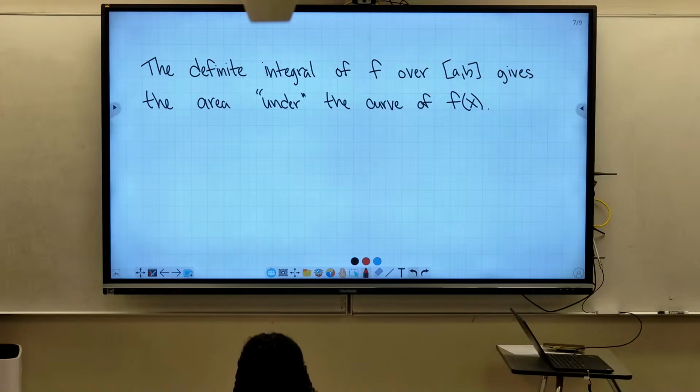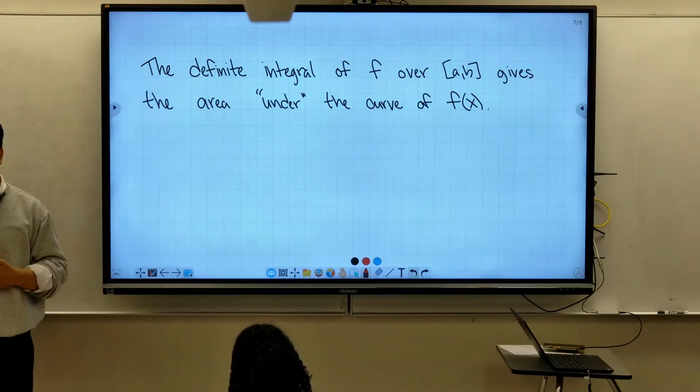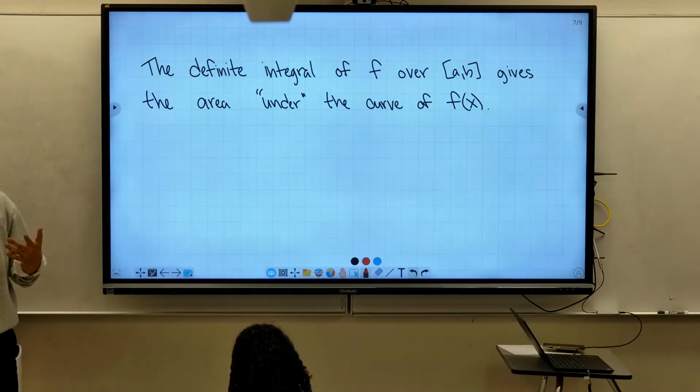I say quote unquote under because we saw that there was some part where the curve went underneath in the negative area. So I guess it's just the area of the curve closest to the x-axis. Yeah, exactly. But then a lot of times you'll hear most people just say the area underneath the curve, depending on how you want to word it.